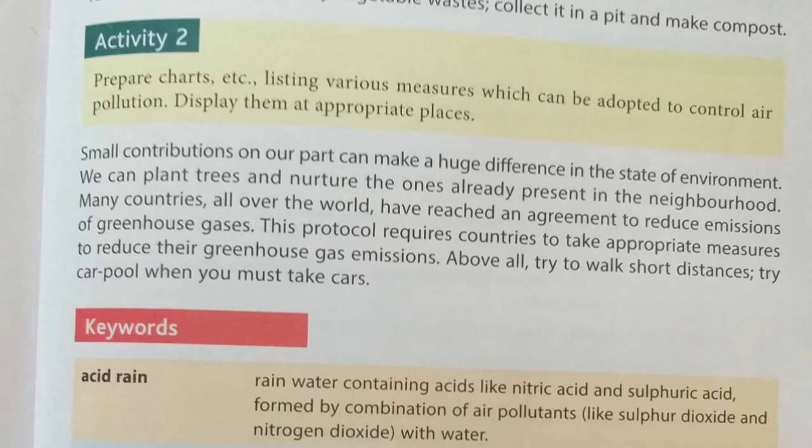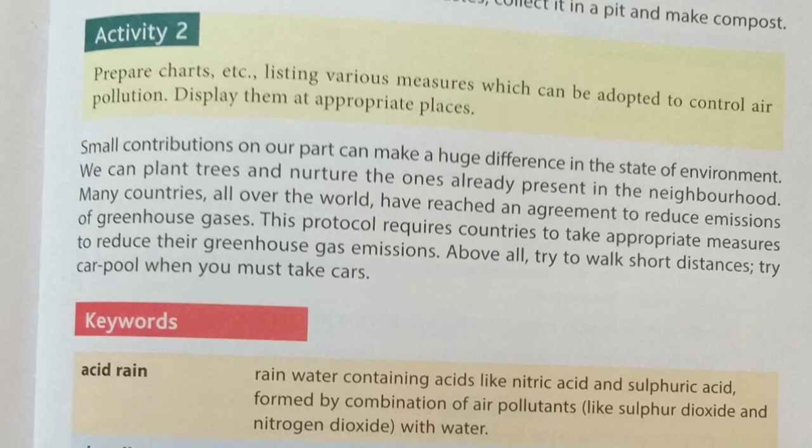So students, what we have learned from this chapter is that we should always try to protect our environment and try to avoid those activities which can cause serious problems like air pollution. Also, we should take part in planting trees and afforestation activities so that we can make a better world for our future generation.